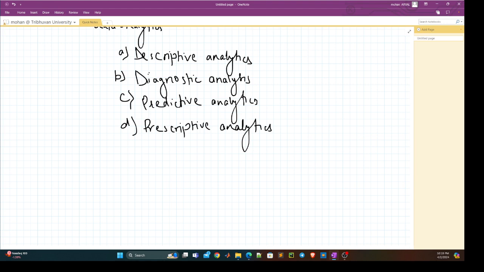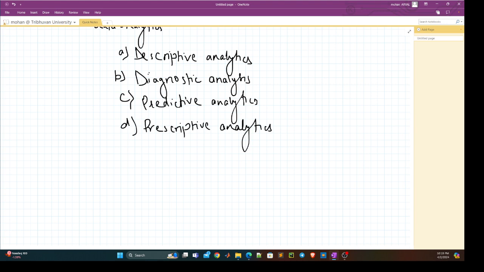We will learn about this classification of data analytics in our upcoming videos. So we'll just list the classification of data analytics based on the phase of workflow and the kind of analysis required.